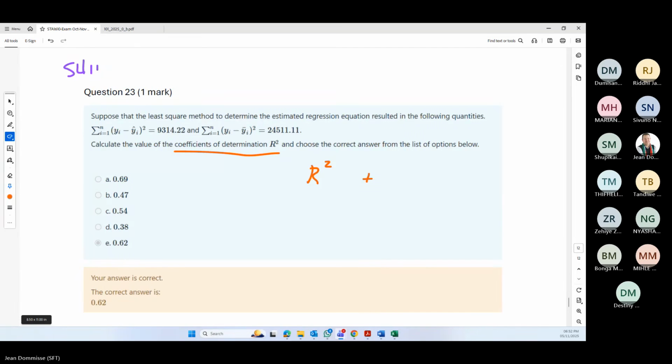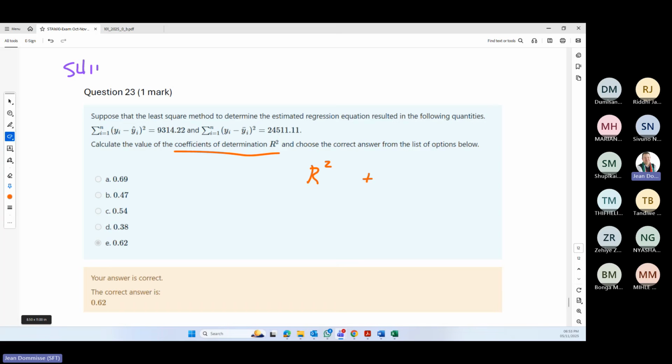Let me quickly check. Once again, I can't remember all of this. Where did I share it with you guys at the stage as well? Yes, got it. Let's quickly see if that formula is on here.